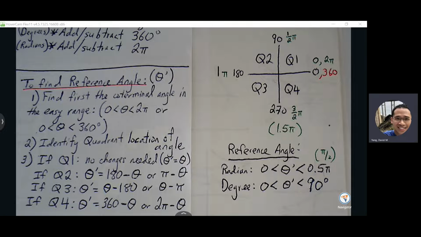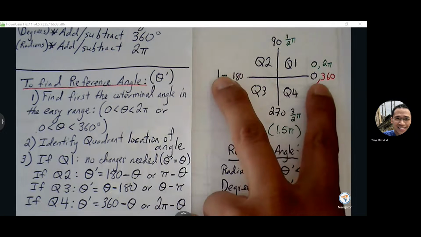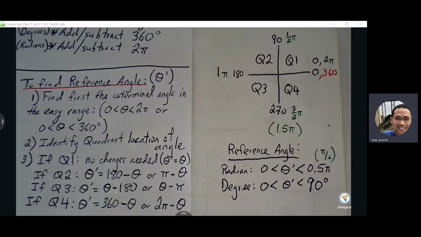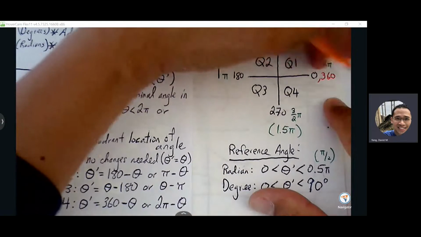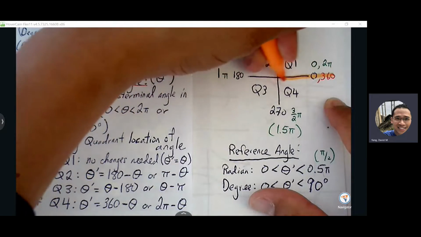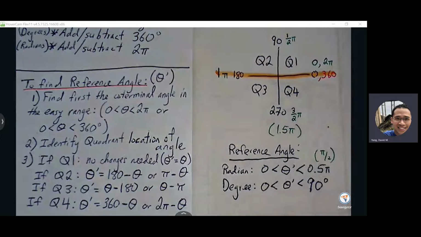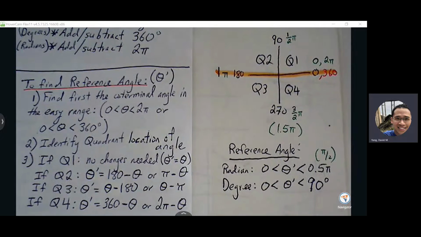If you want to find a reference angle, you're always going to be working with the x-axis. Okay? Your x-axis is what you're always comparing with. If you're in the first quadrant, there's nothing that you need to worry about. You just leave it alone, as your reference angle is the same as your angle.